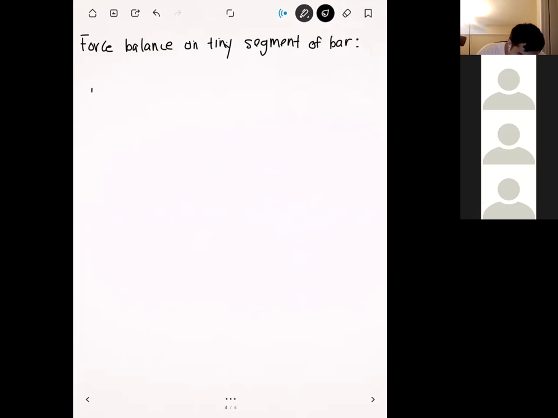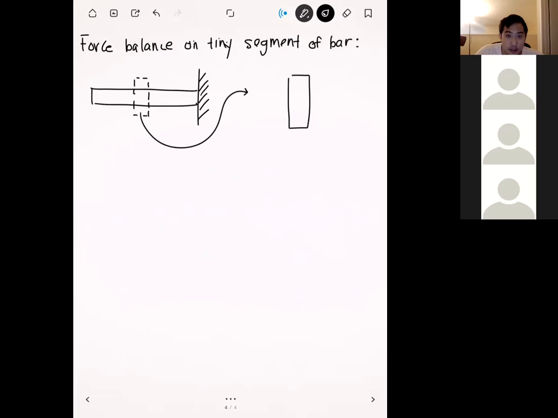If we look at the bar like this, let's take just a small segment of it. Our small segment is going to look like this, and we'll say that it has a length of dx.